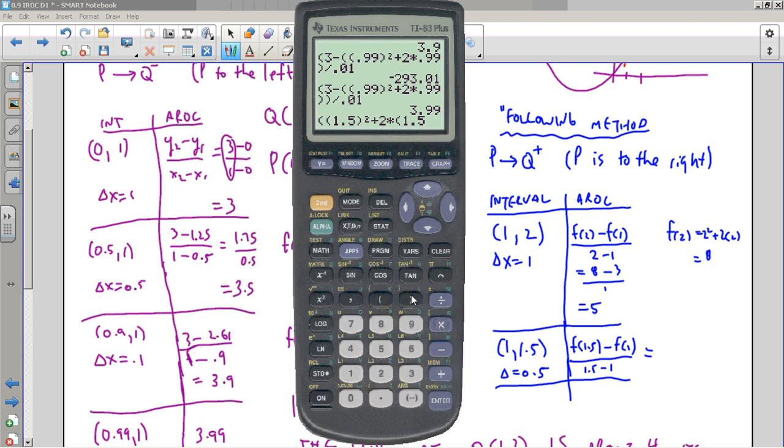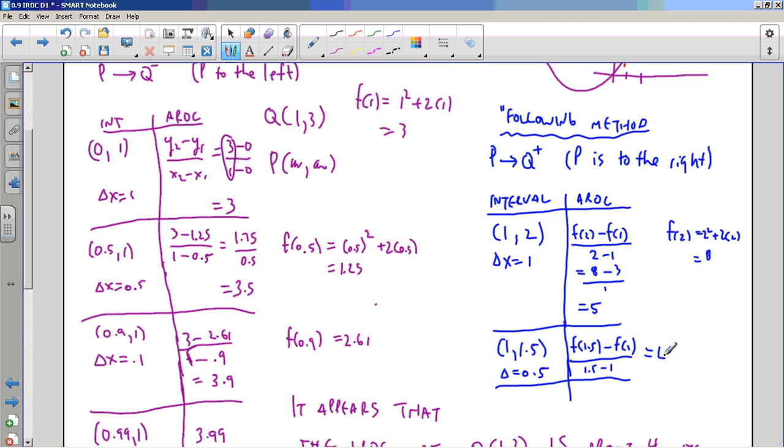I'm putting that in brackets just so I know what values I have to change when I redo my calculation. Subtract 3, that's the f at 1 that we know, divided by my x2, 1.5 subtract 1, since the Q value is 1, and then I get my new value, which is 4.5.